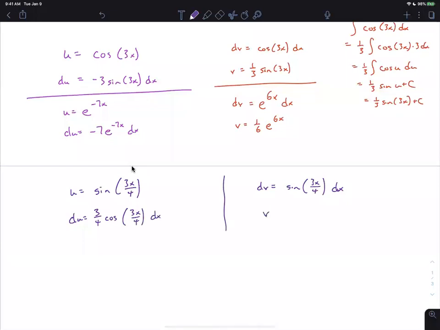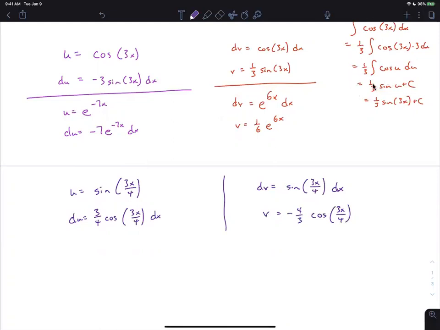The antiderivative of sine is negative cosine, and we multiply by the reciprocal because of the u substitution. So we get negative 4/3 cosine of 3x over 4 as v. And like I said, if you can do that in your head, I think it will make it easier for you. You definitely don't have to.